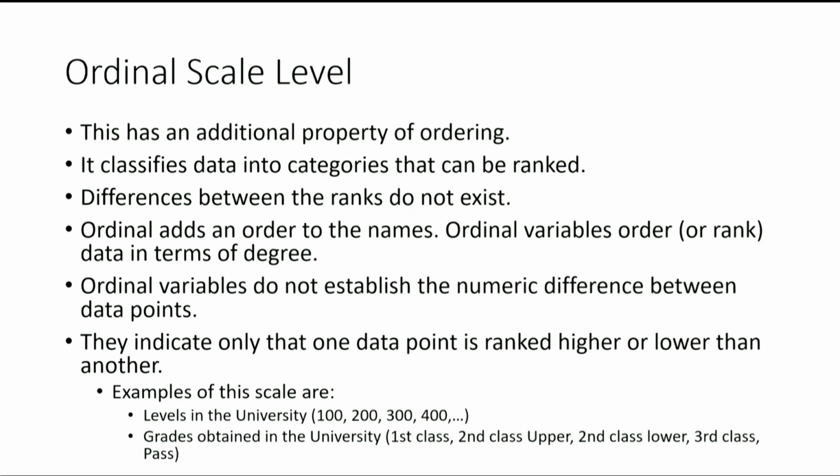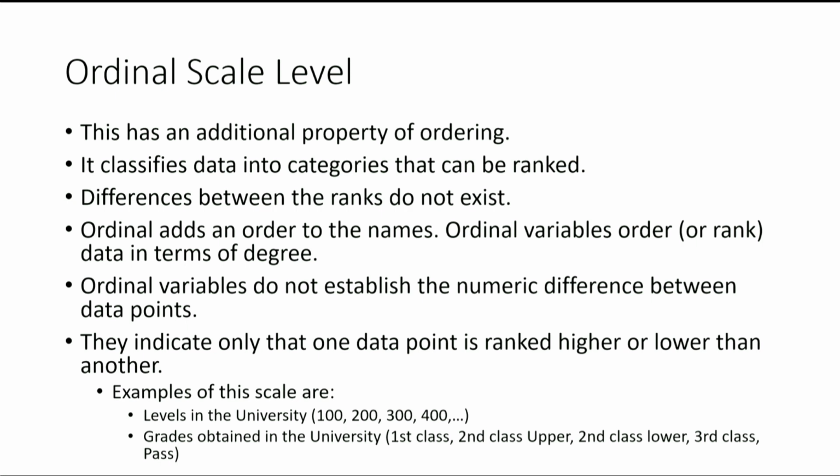Ordinal adds an order to the name. Ordinal variables order or rank data in terms of degree. Ordinal variables do not establish numerical differences between data points. They indicate only that one data point is ranked higher or lower than another.